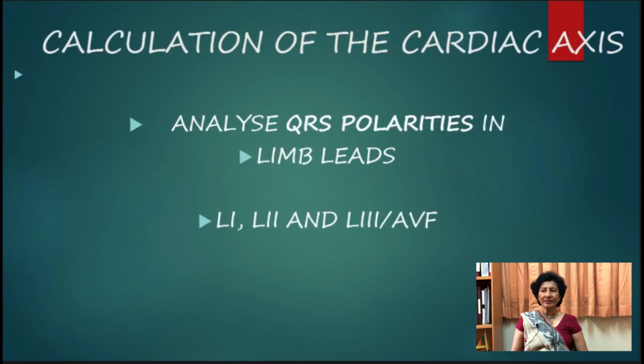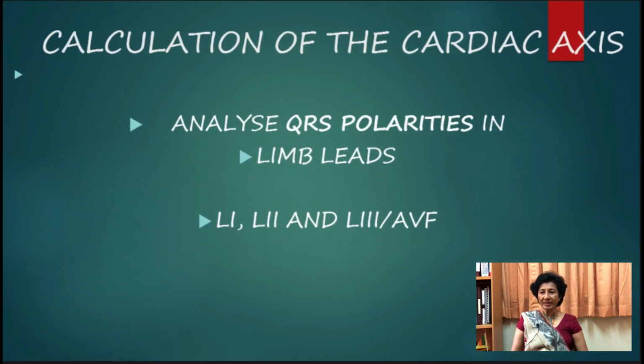Analysis of the cardiac axis can be done by going through limb leads, lead 1, lead 2 and lead 3, aVF. The polarities of the QRS complexes in lead 3 and aVF are the same.